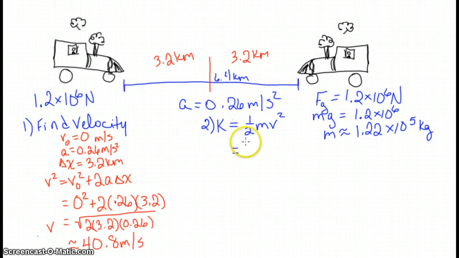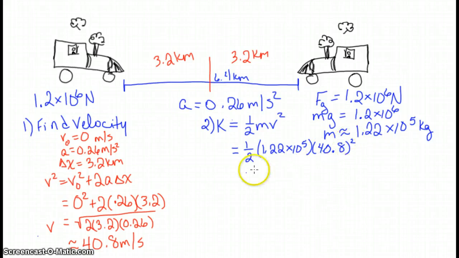So we're going to have 1/2 times our mass, which is the 1.22 times 10 to the 5th, times our velocity, 40.8 quantity squared. And that's going to give us a kinetic energy of about 1 times 10 to the 8th joules. Well, that's just for one of them. We've got 2 of these locomotives coming together.